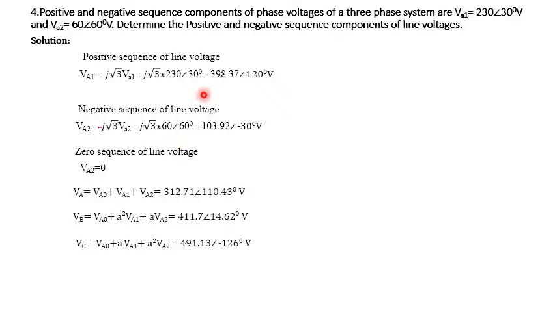By substituting VA0, VA1 and VA2, you will get VA equal to 312.71 at an angle of 110.43. For VB, we will get 411.7 at an angle of 14.62. Then for VC, we will get 491.13 at an angle of minus 126 degrees.